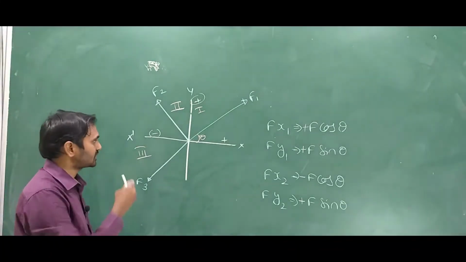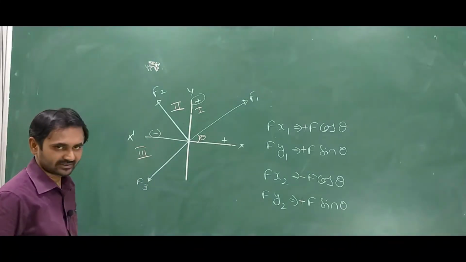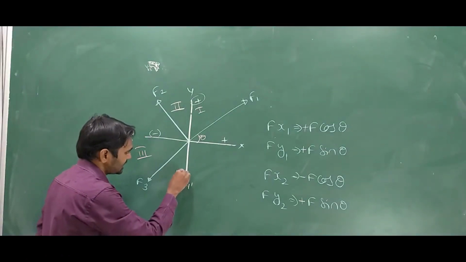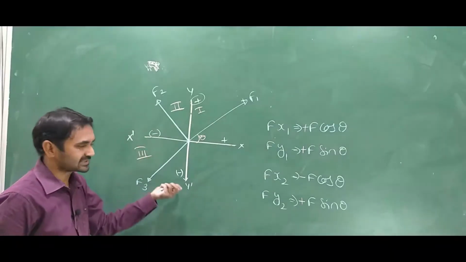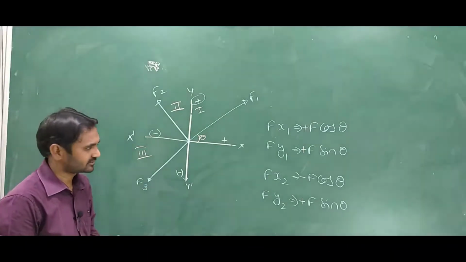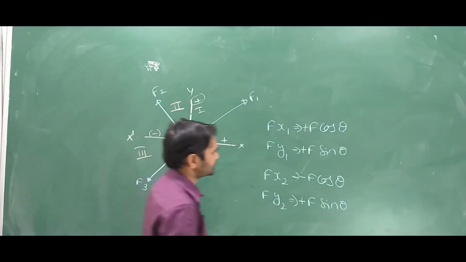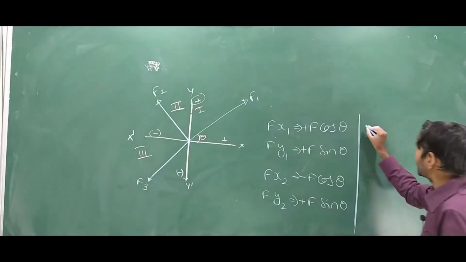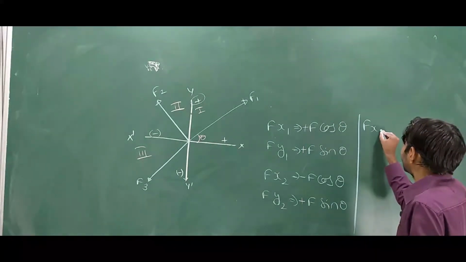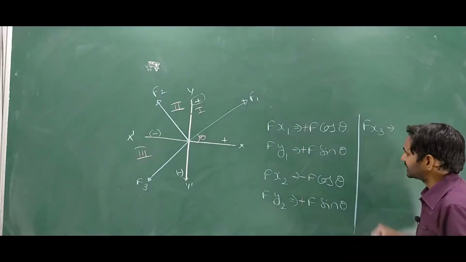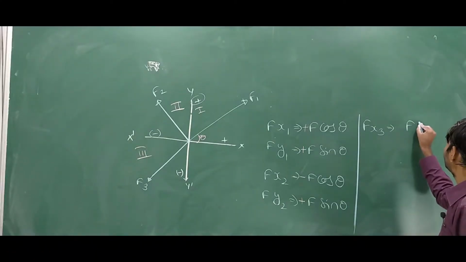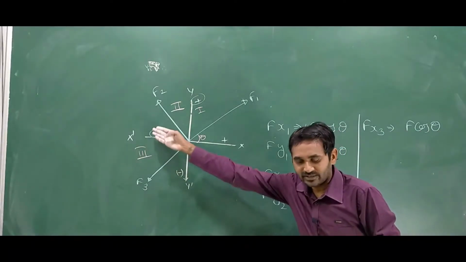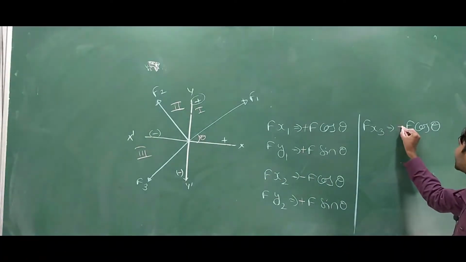In the third coordinate, x dash will be minus and y dash is also minus, so both x and y will get minus. So let me write the equation here. Fx3 is equal to F cos theta, but in the third coordinate, you will get the negative sign.